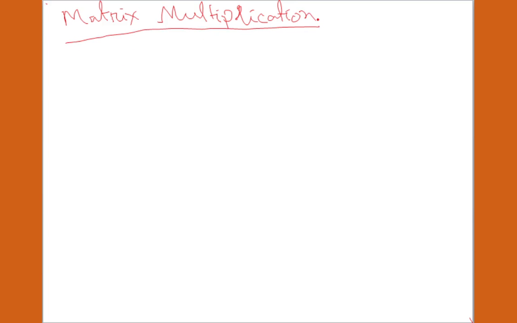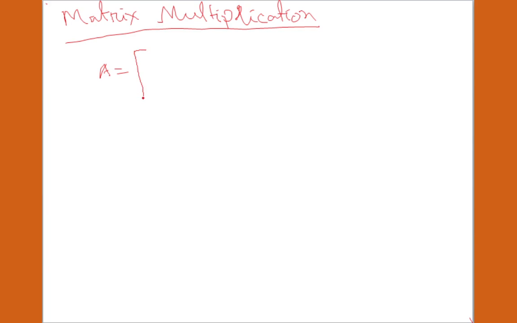So what is matrix multiplication, or how can two matrices be multiplied? Matrix multiplication. Let's see.